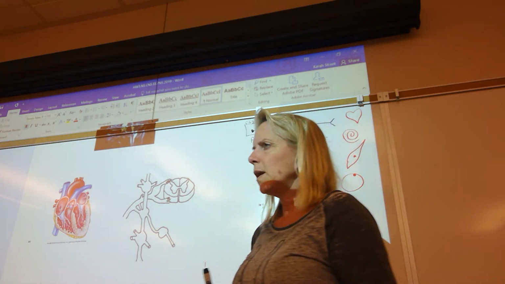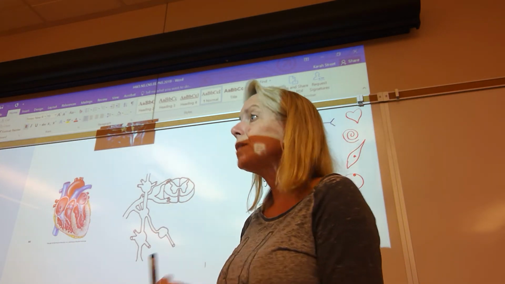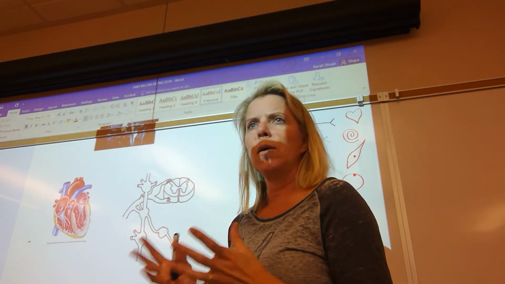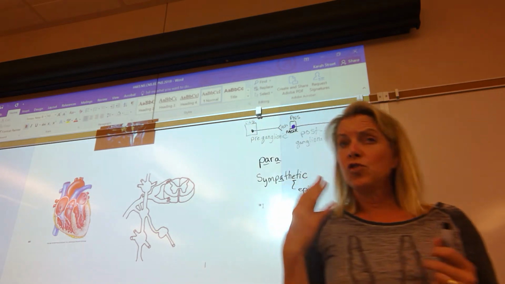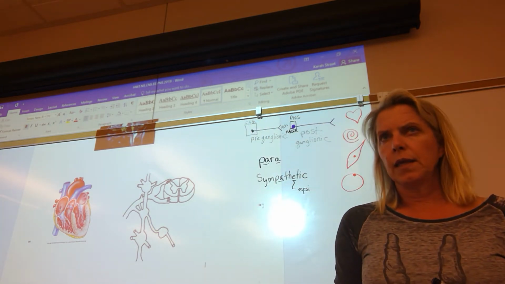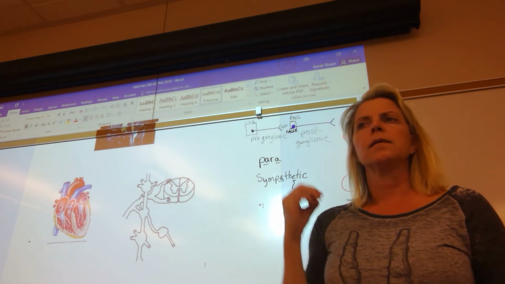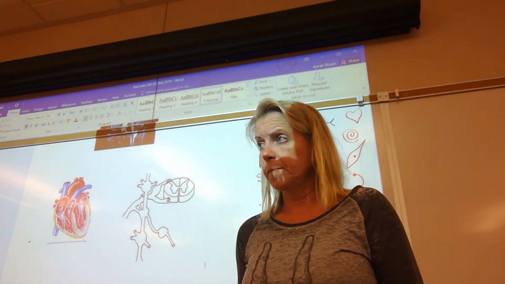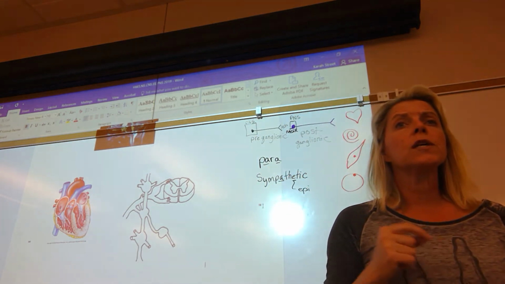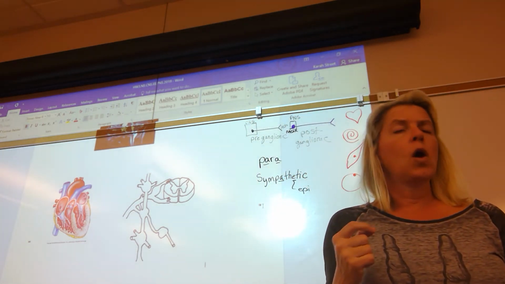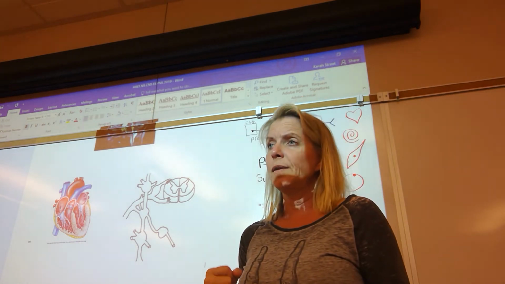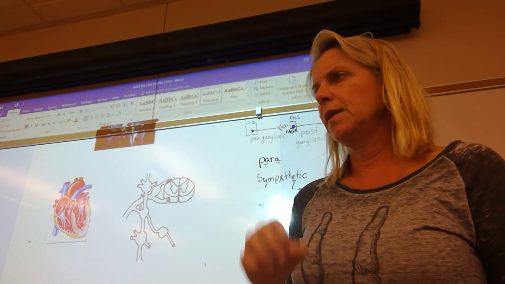You would then give me a street address, wouldn't you? So it's general to say that the preganglionic neuron is in the CNS. Let's be specific. For which division are we speaking of? Where would we find these cell bodies specifically?